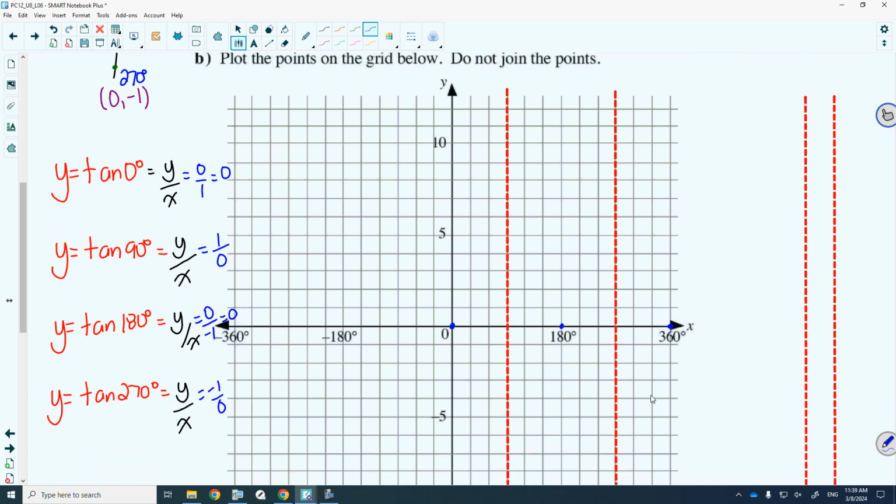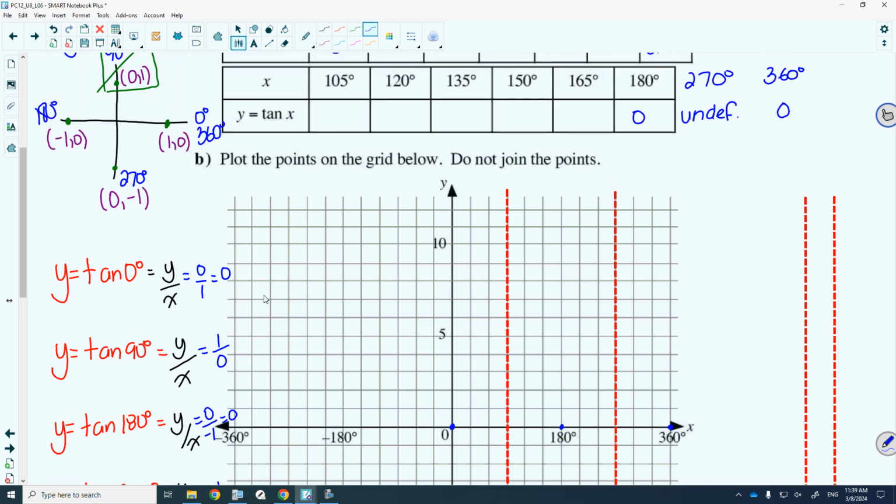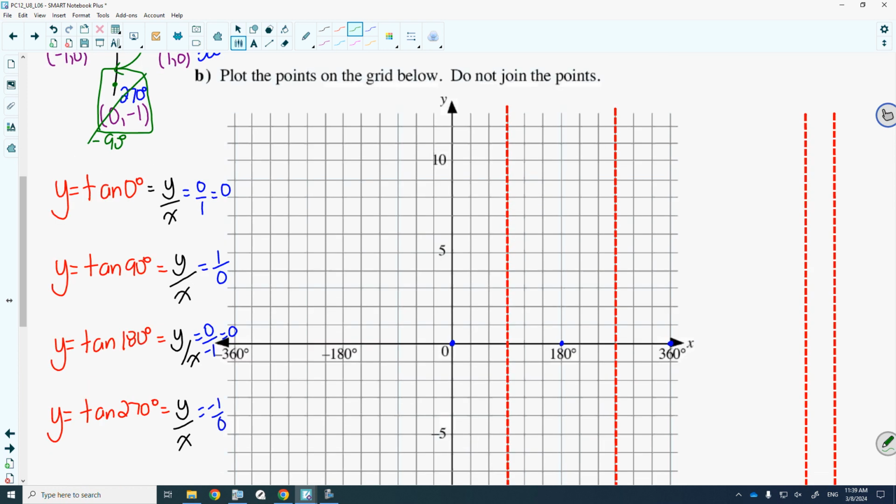Okay, let's figure out now the tan of negative 90. So negative 90 would be right here. Tan of negative 90 is y divided by x, so negative 1 divided by 0, undefined. We're always going to be undefined for tan at these 2 points. So negative 90, we're undefined. So again, get your ruler.